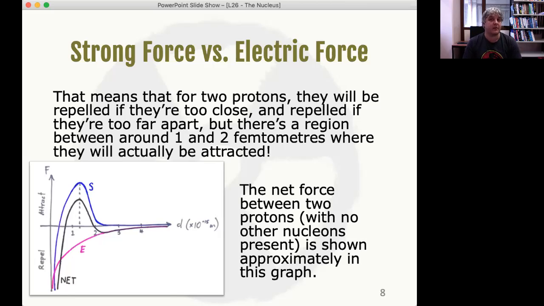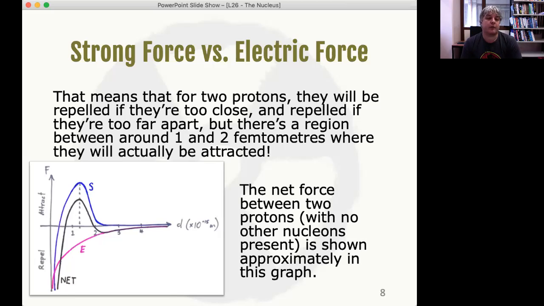They're still experiencing repulsion from the electric force, but they're experiencing a greater attraction from the strong force. So between around about 1 and 2 femtometers, we have an attraction between two protons rather than a repulsion, as we might naively expect, just taking into account that electric repulsion.